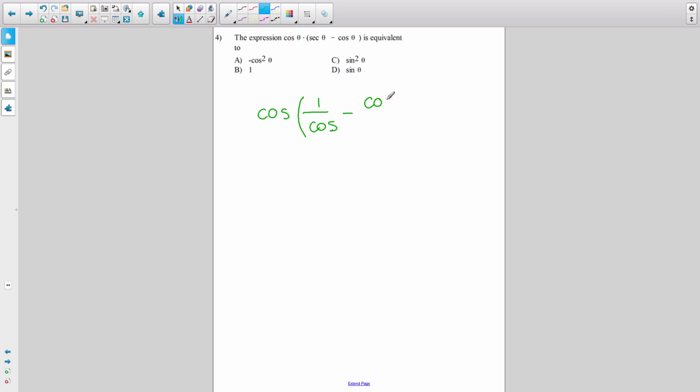Cosine is just cosine. Now, when we distribute, you'll see that cosine times 1 over cosine will actually cancel out the coses, leaving us with just 1. And then the second time we multiply, we have cosine times cosine, which is cosine squared theta.